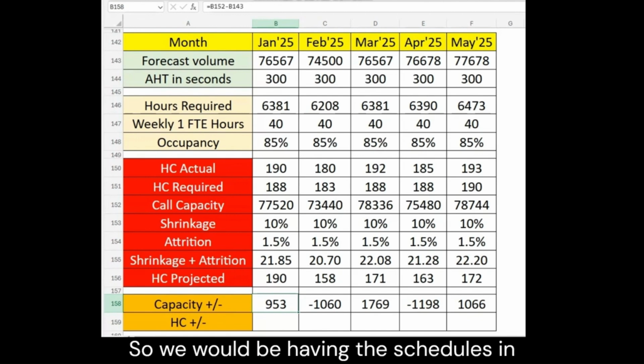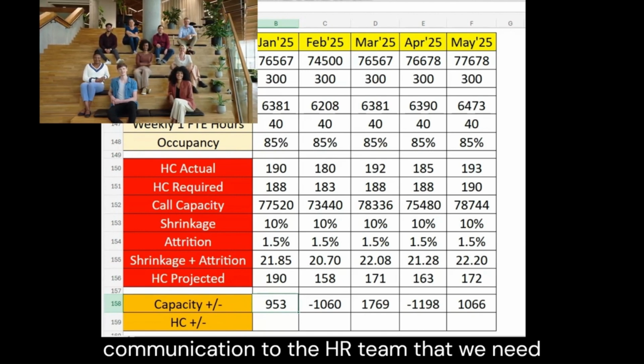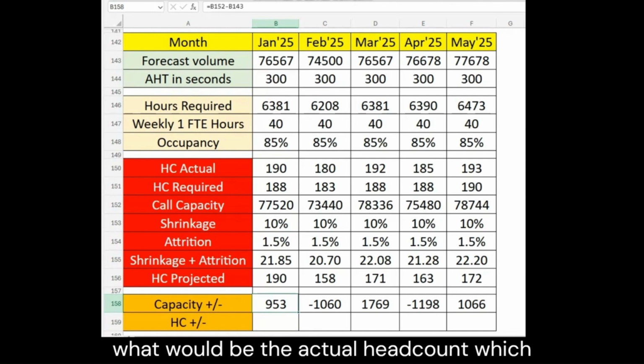We would have the schedules in buffer, or if there are no agents available in the buffer, we can have the hiring plan. We can simply communicate to the HR team that we need this number of agents to handle this call volume, so they can create the hiring plan, and on the basis of that we have the hiring of 10, 15 or 20 agents, and then the training of them, and then the actual headcount which would reach the production floor.